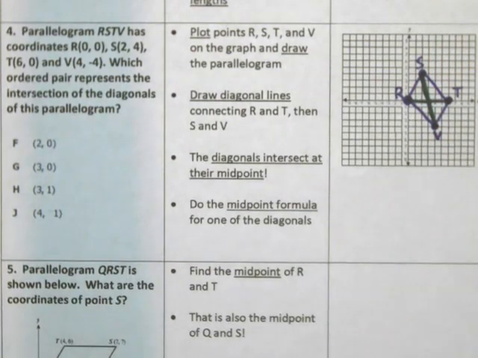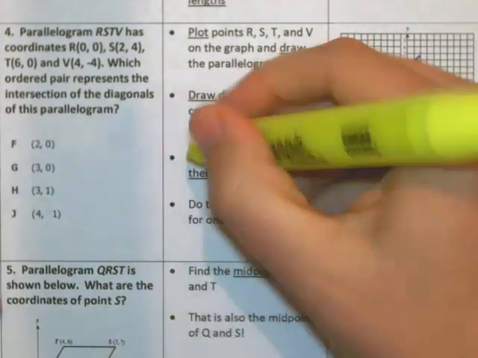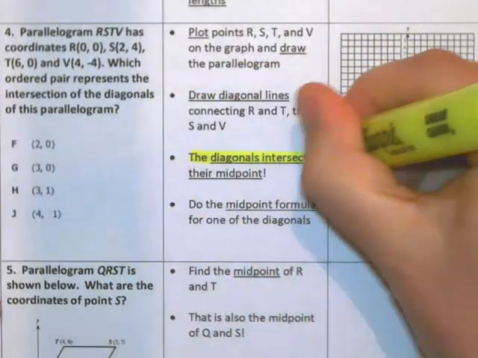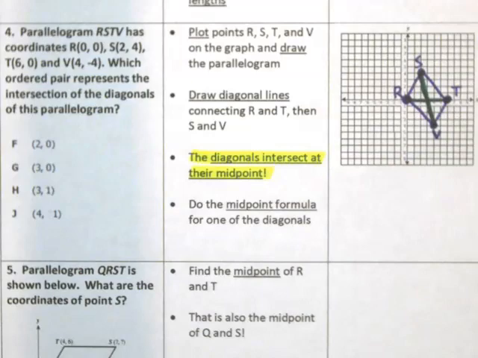Now, the key to solving this problem is knowing that the diagonals intersect at their midpoint.